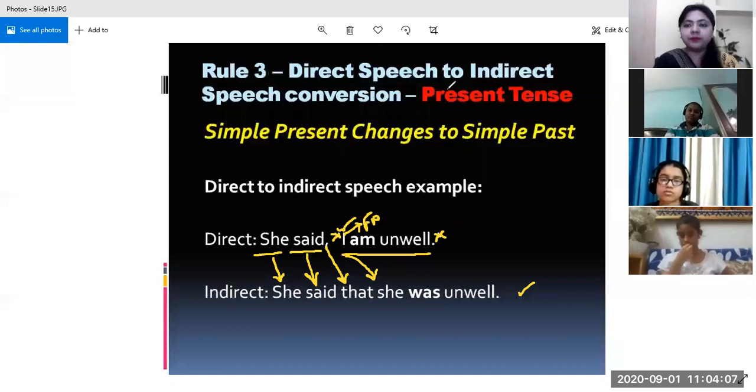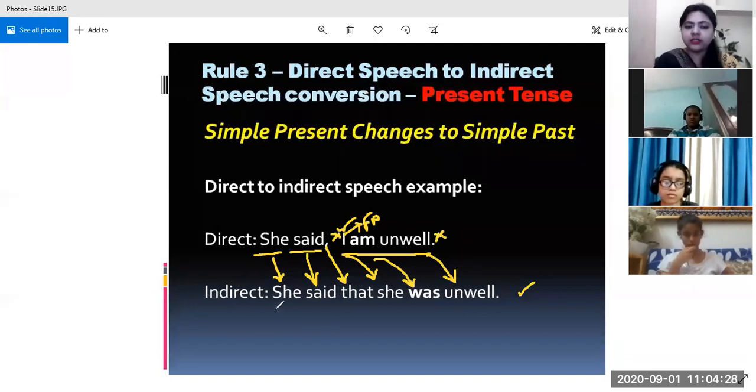Now, we just learned that when the sentence is in simple present, then it changes into simple past. So am is the present form. What is the past form of am? It is was. So she was, and the rest of the sentence we will write as it is.